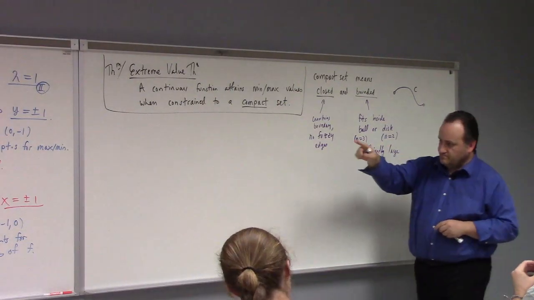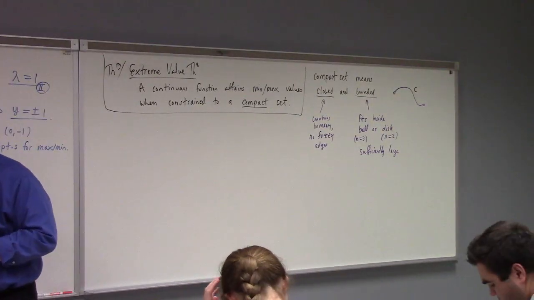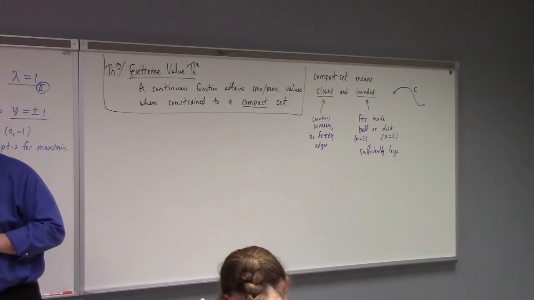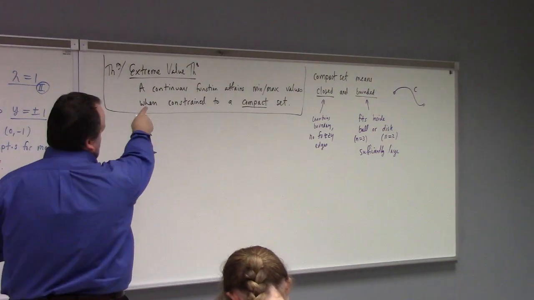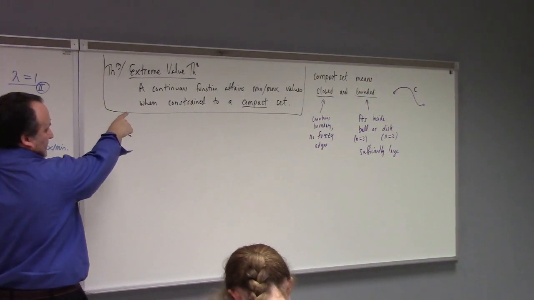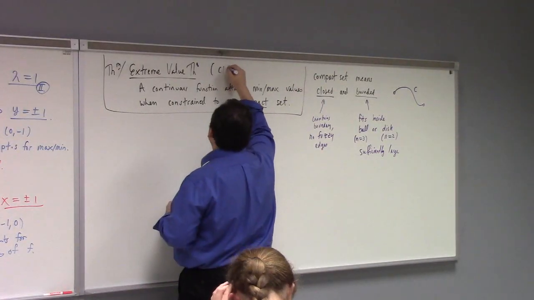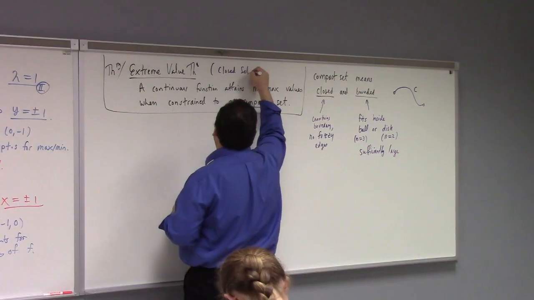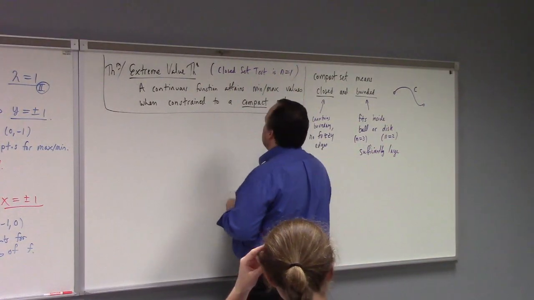But in my example 1, I can be sure that really is the maximum, that really is the minimum, because the unit circle is compact and the extreme value theorem applies. This is exactly the generalization of the closed set test from Calc 1. The n equals 1 version of this.